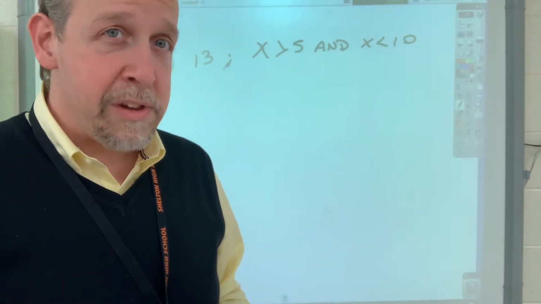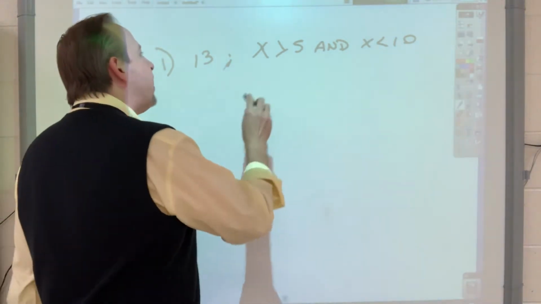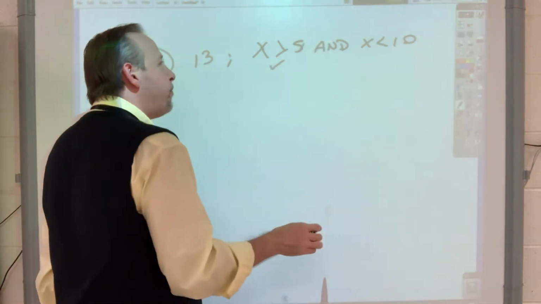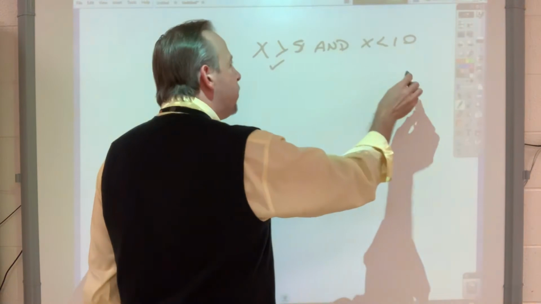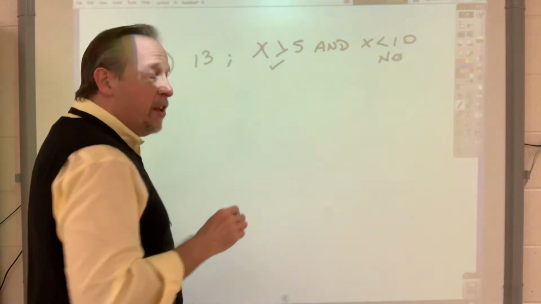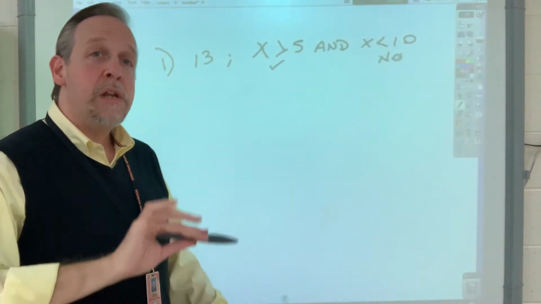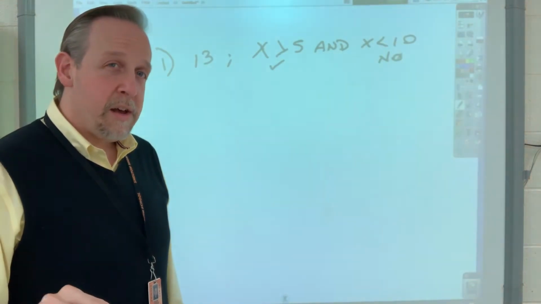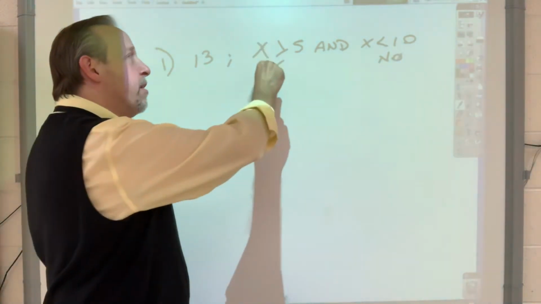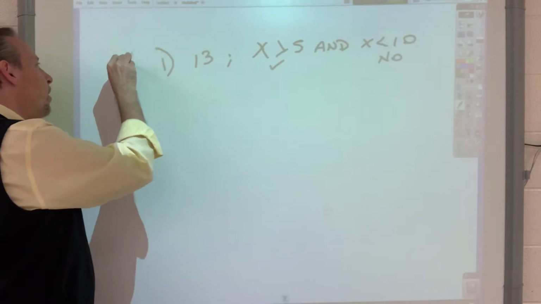If it doesn't fall into that criteria, the answer is no. Well, 13 is definitely greater than 5. However, 13 is not less than 10. So the answer to number 1, does it fall into the solution set, is actually no, because it's not both greater than 5 and less than 10. The answer to number 1 is no.